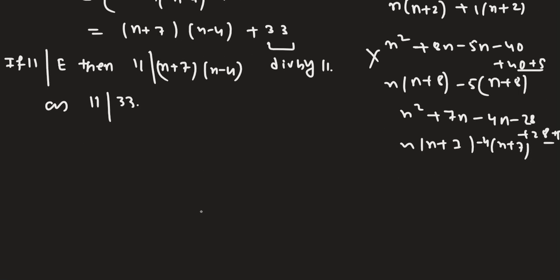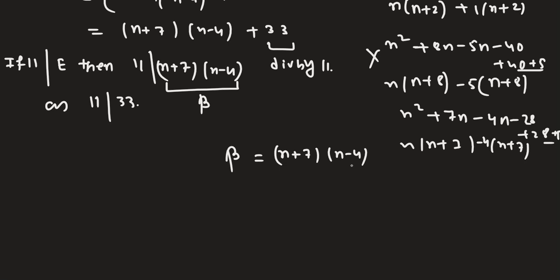Now since 11 divides this number, this expression I call beta. So beta is n plus 7 into n minus 4, this type of number.